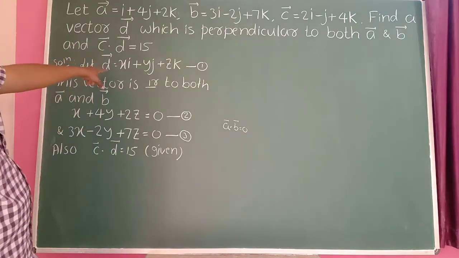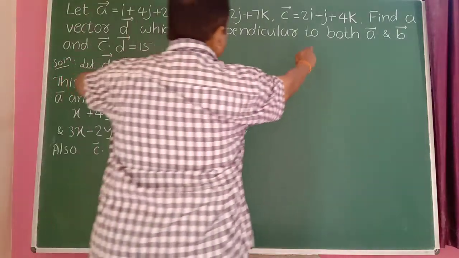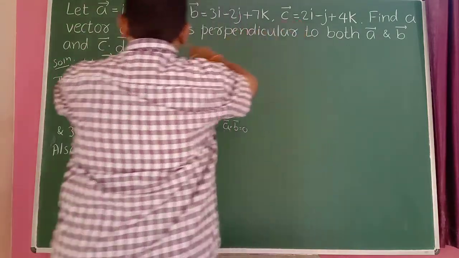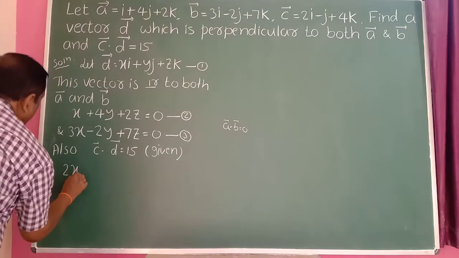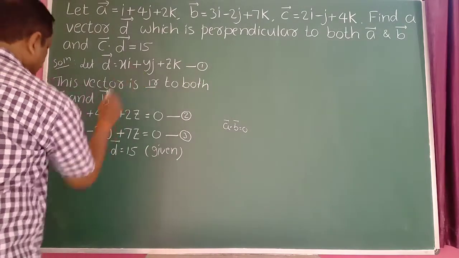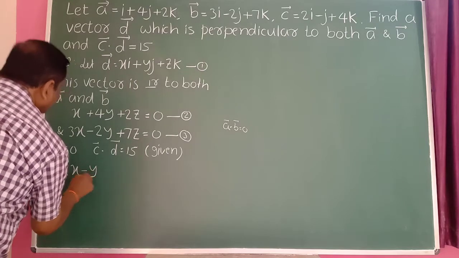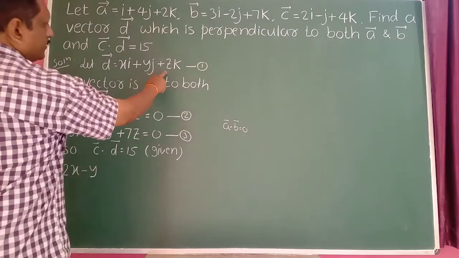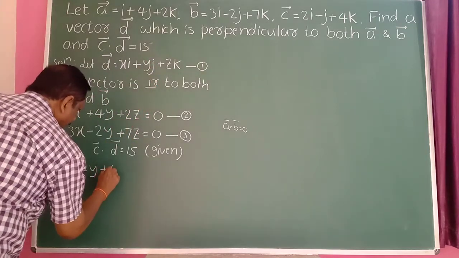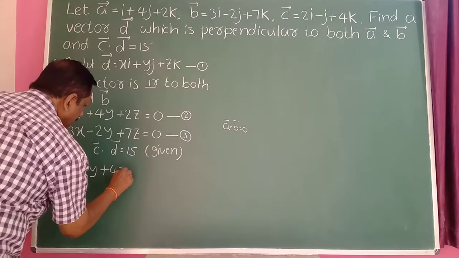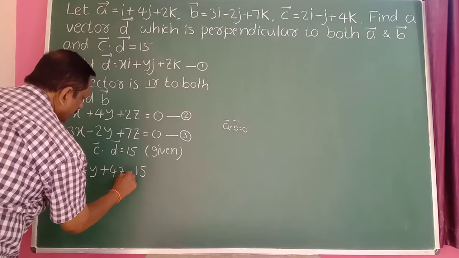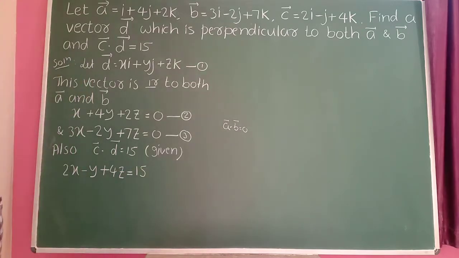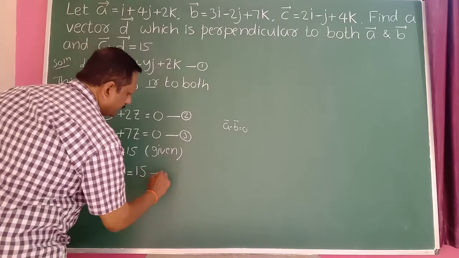Therefore, this vector D bar and this vector C bar, it's a dot product. x into 2 becomes 2x, y into minus 1 is minus y, then z into 4 becomes 4z, that is equal to 15. Take this one as equation number 4.